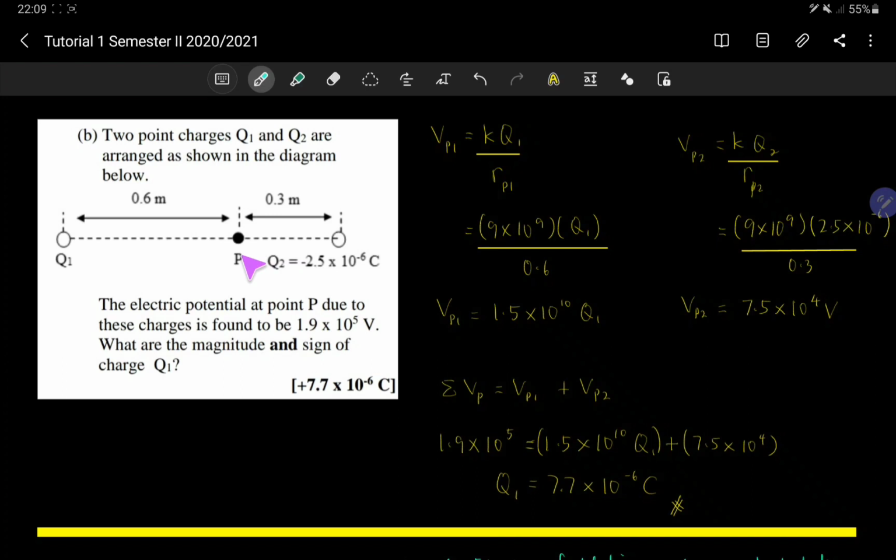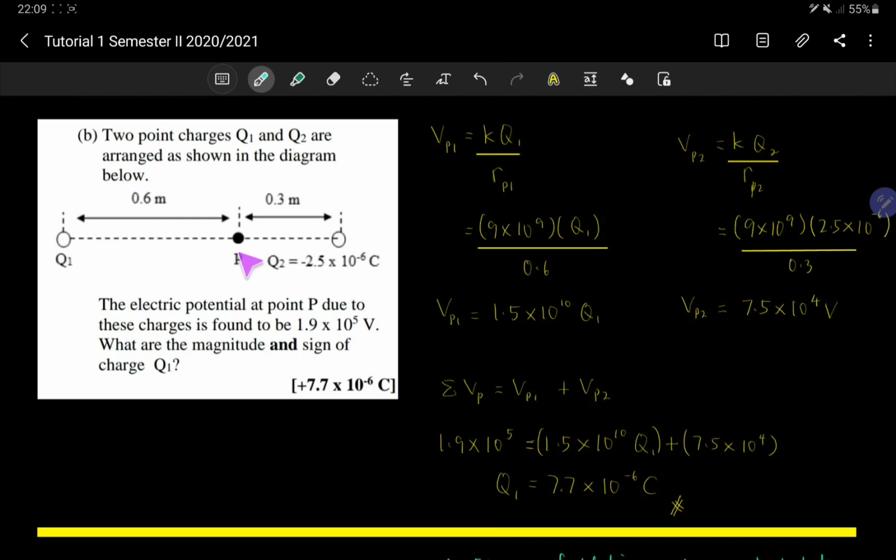Alright, so given the charge of Q2, which is negative 2.5 exponent negative 6, and the electric potential at point P, which equals 1.9 exponent 5 volt, they ask you to calculate the magnitude and sign of the first charge, Q1.